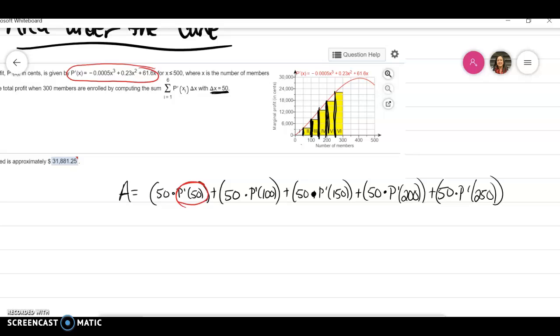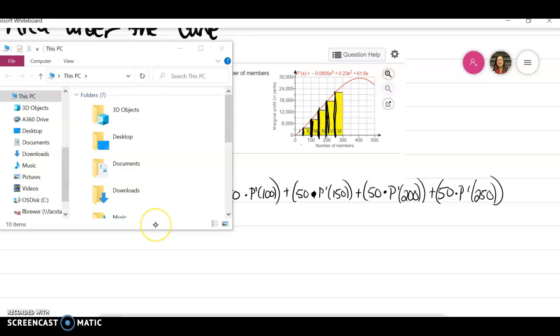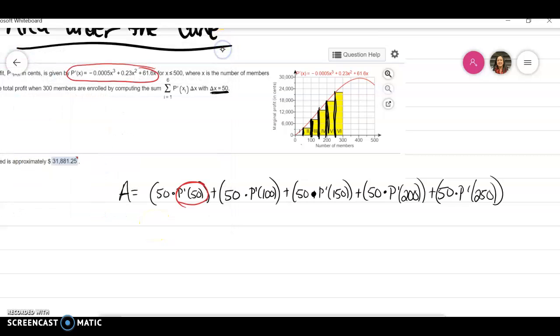What I did is I took that p prime of x and put it in y equals, and I changed my delta table to 50, and I told my table to start at 50. And in my table, I found my values really quickly.